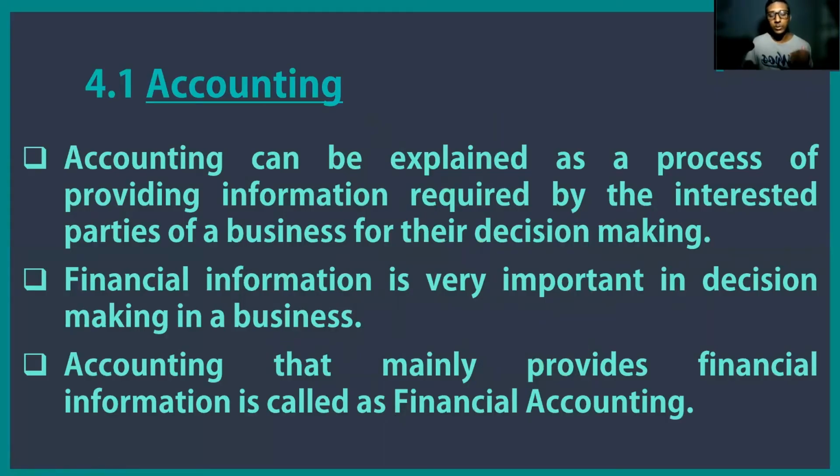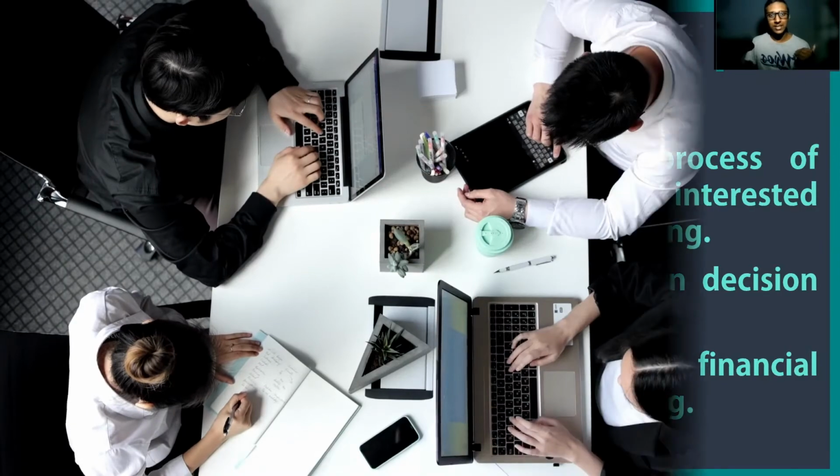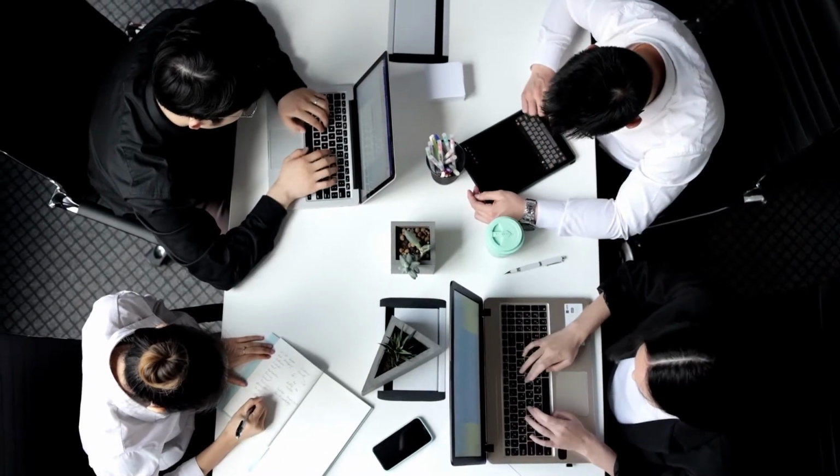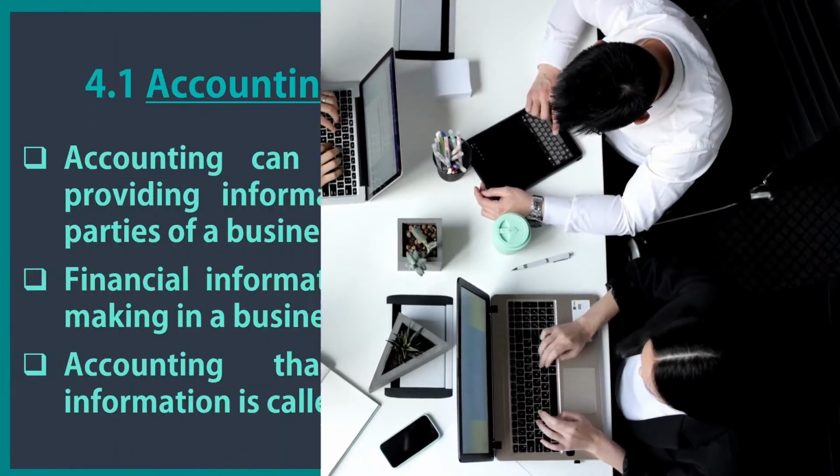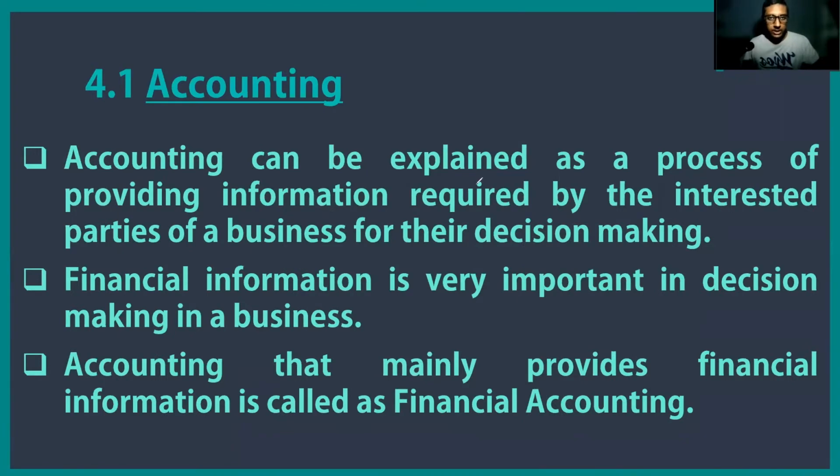So what is accounting? Under the subtopic 4.1, we have to discuss exactly what accounting is. Accounting can be explained as a process of providing information required by the interested parties of a business for their decision making.